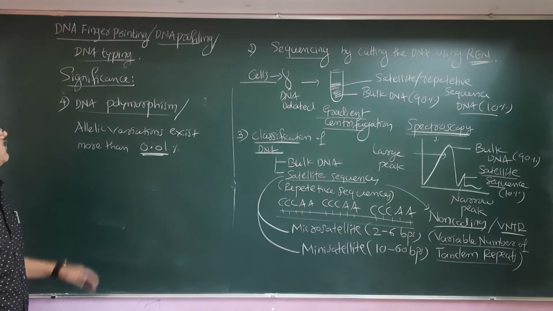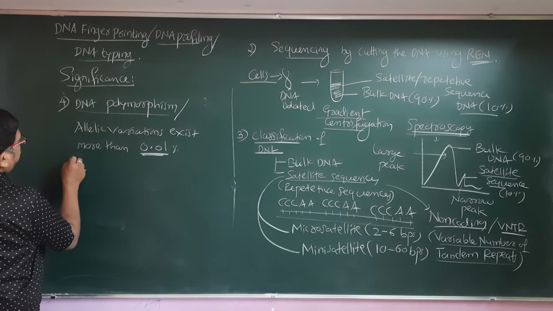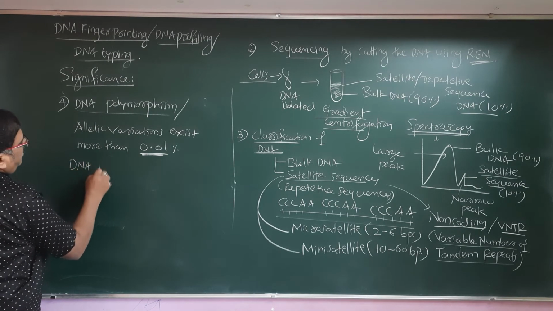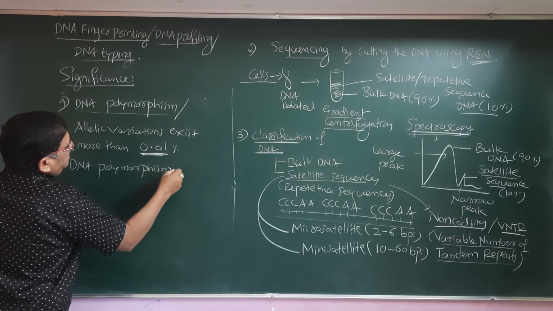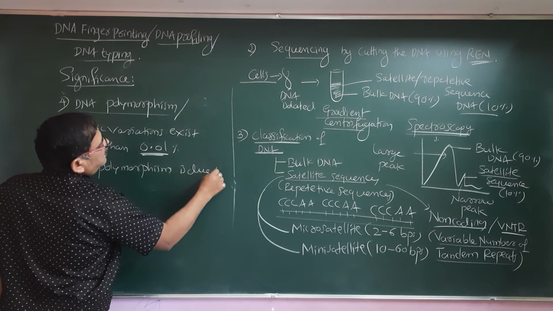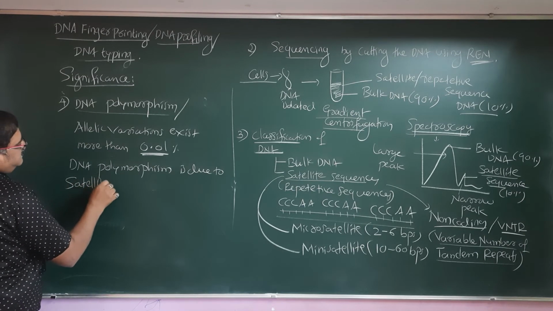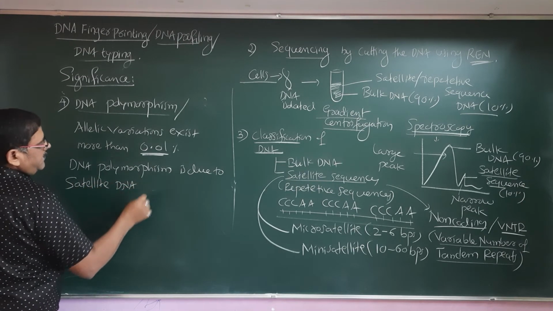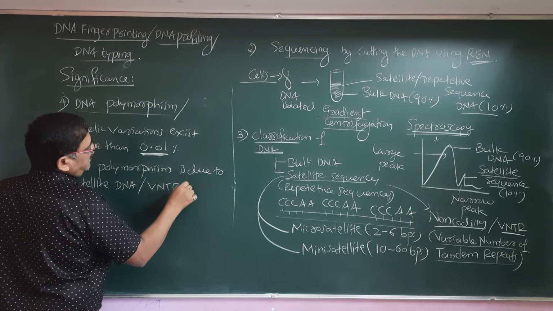This kind of DNA polymorphism is due to satellite DNA, or we can say due to the VNTR.